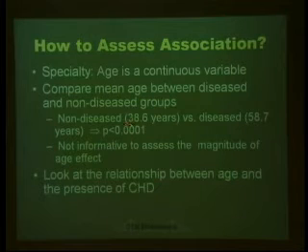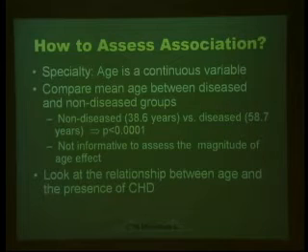If you do a simple t-test, you see the p-value is very small, so the ages are different in the normals and the cases. But the problem is this assessment is not so informative. It doesn't give you the magnitude of the association, and depending on study design, this comparison may not be so meaningful.